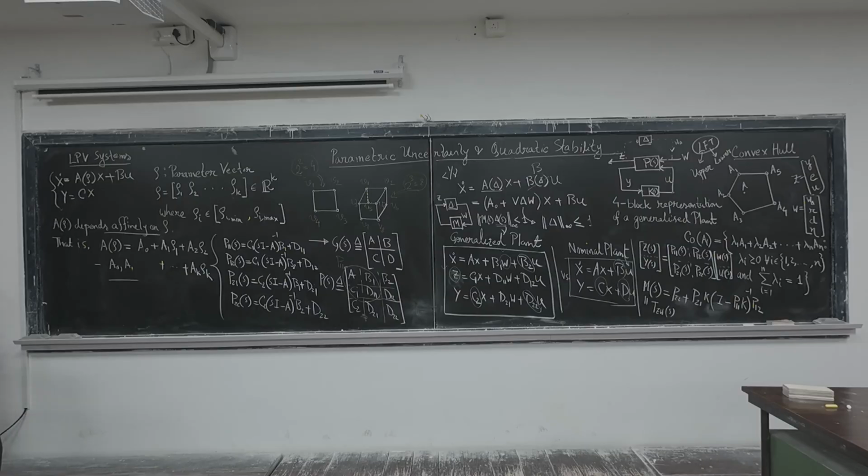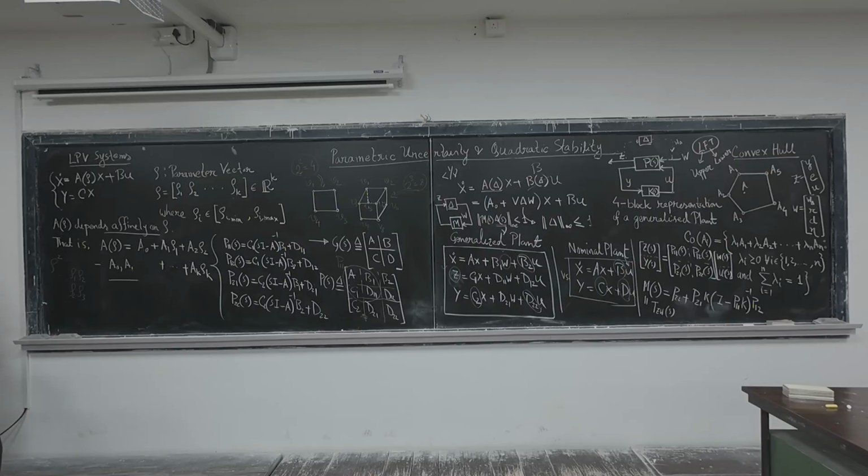Now it can happen that these parametric uncertainties may not be a linear variation. It can happen that one of the parameters depends upon, say, rho square. It may also happen that these parameters appear in a product format, for example rho 1 into rho 2, or rho 2 into rho 3 in a coupled format, or to a higher power more than 1.